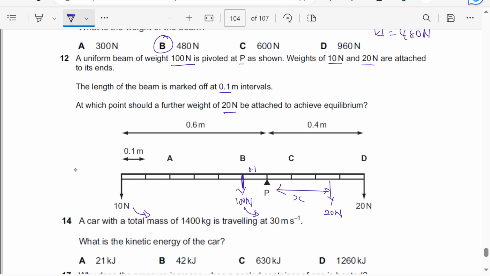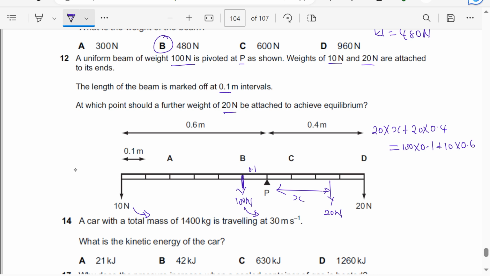So taking moments about the pivot, we shall have that 20 times x plus 20 times 0.4 should be equal to 100 times the perpendicular distance 0.1 plus 10 times 0.6.